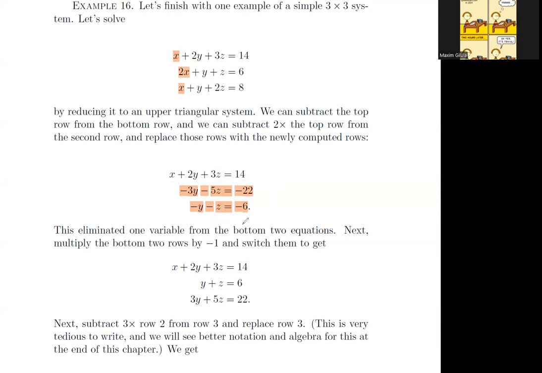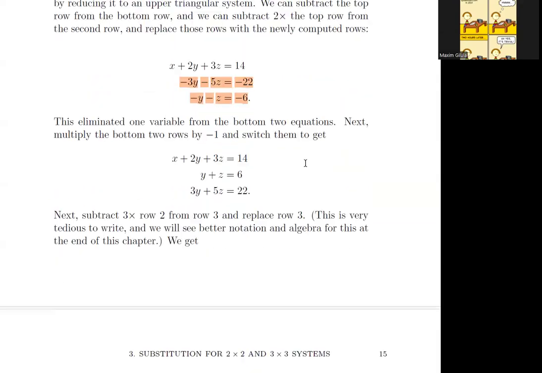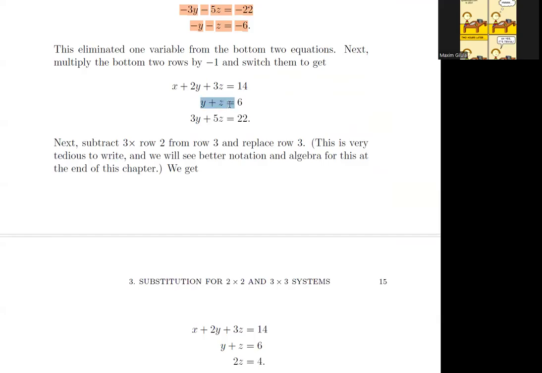But to make it easier to look at, let's get rid of these minus signs and just multiply both of those by minus 1. And let's also switch them because I think that'll be easier. So now you could subtract 3 times row 2 from row 3 and replace row 3 by that.